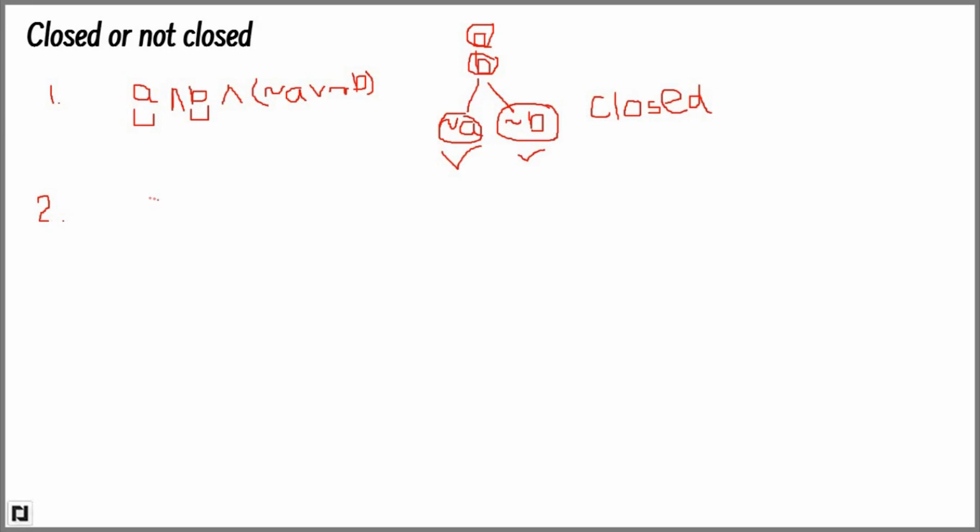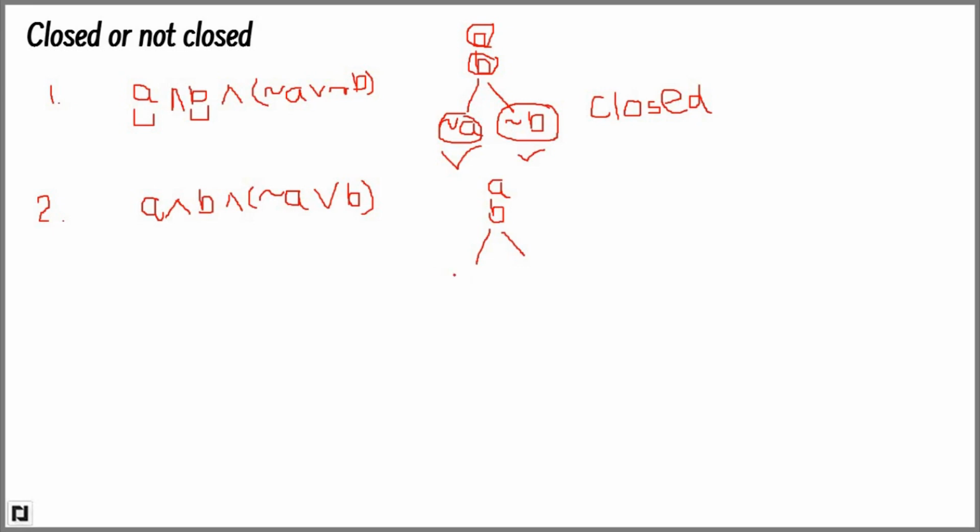For example, if we have A and B and (negation of A or B). Similarly, here we have to make the parent node from the single terms, which are A and B, and now we have to make a child of this parent node.